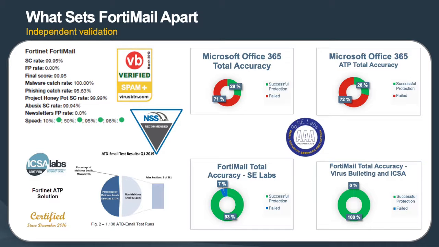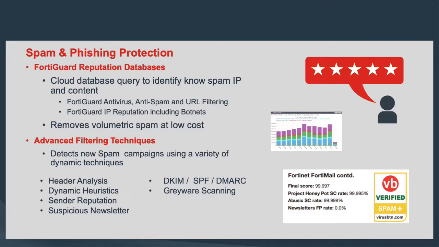What makes us so different in the market is that we have a very high success ratio when we get into testing. So we are effective. We produce those results. We get those recommendations, and we do that security job well that we promised to do. How do we do it?